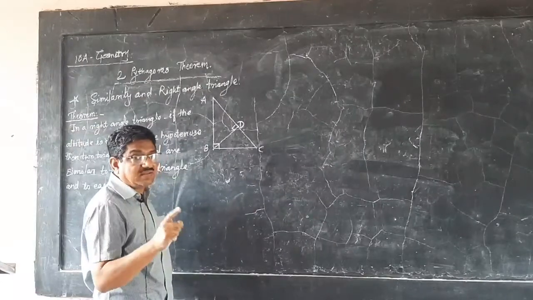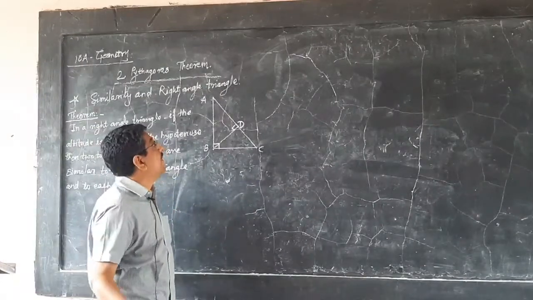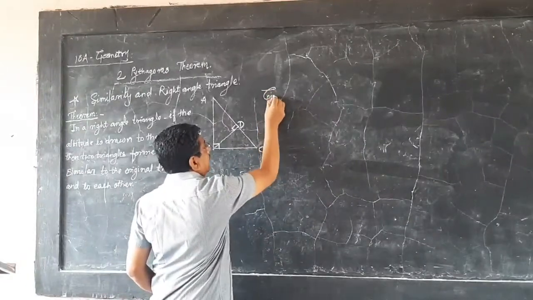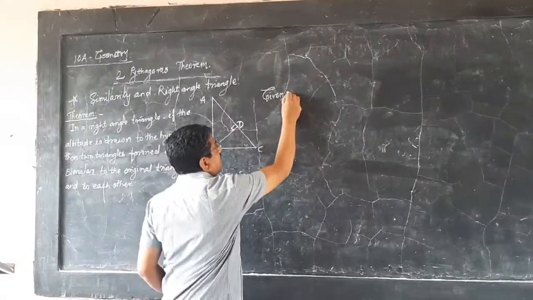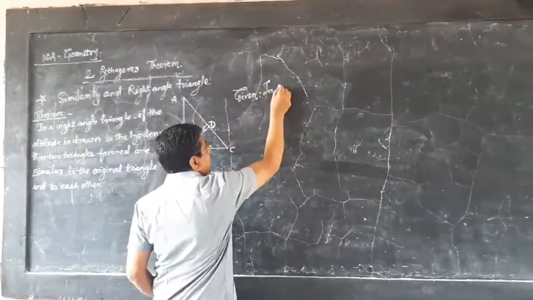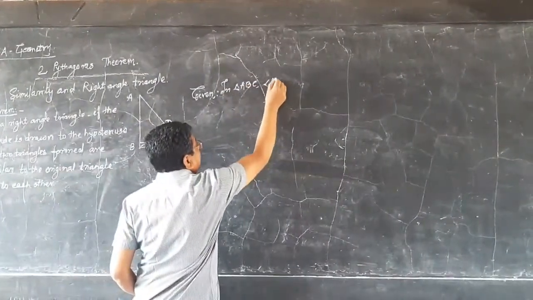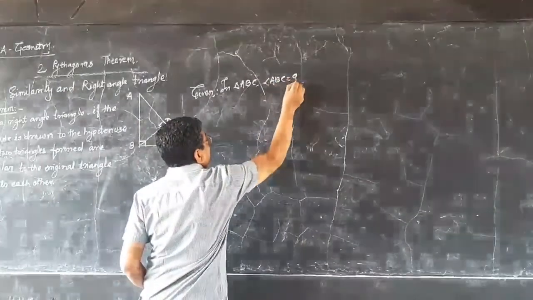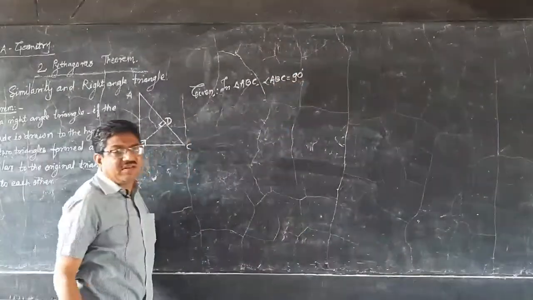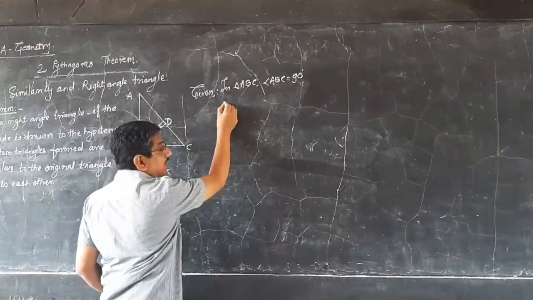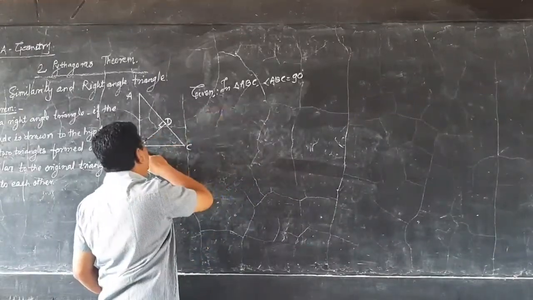There are some ideas also that you have to remember. Now, given: in triangle ABC, angle ABC is 90. The original triangle is a right angle triangle. Then you have drawn the perpendicular BD.